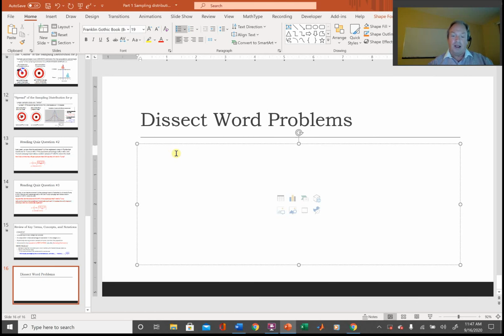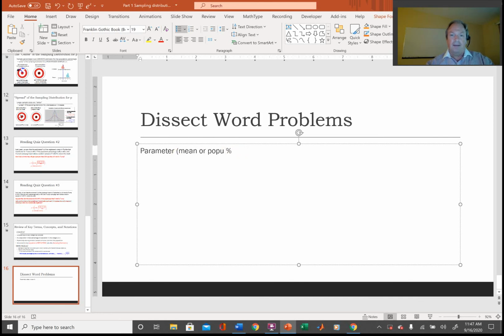We want to do a couple of things. First of all, we want to figure out what the parameter is. And we can tell that by the language. We're either going to be given a mean or a population percentage. Okay, a mean or a percentage.